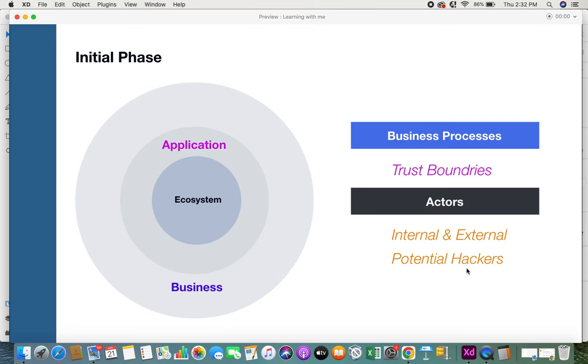So after doing this initial phase, the people who are going to develop and build the architecture for the entire application ecosystem would take all this information into consideration, and they would build out their threat modeling, the entire model. So this is a little information about threat modeling. I hope you got some information as to why you have to do this threat modeling, who is involved, and what is done initially.